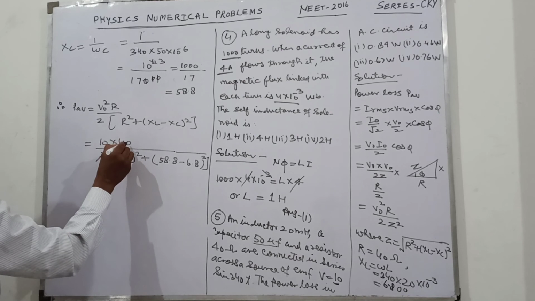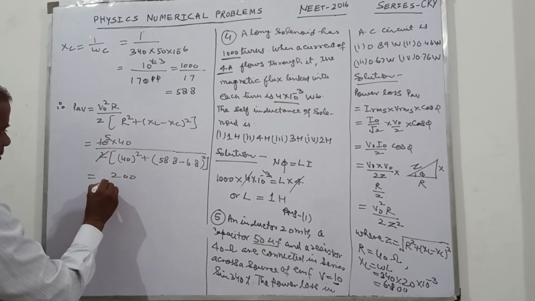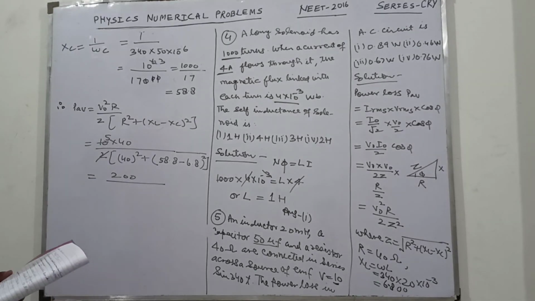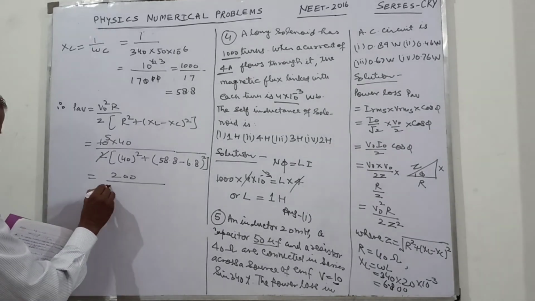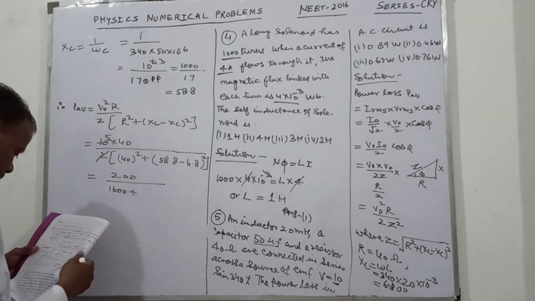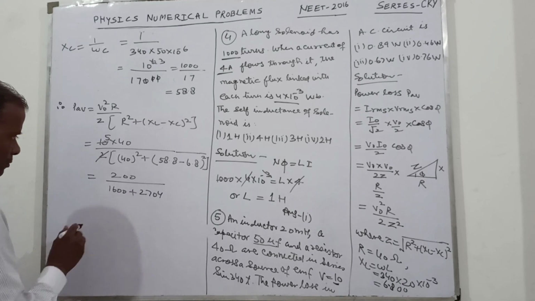Now this by this 5, so this is now your 200 upon, just to solve this one, after solution you will get 1600 plus 2704.